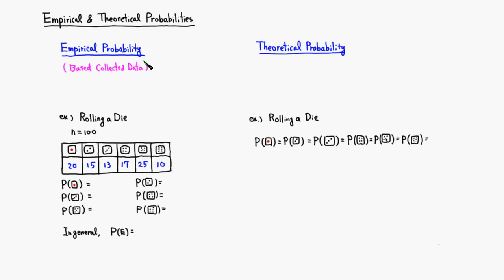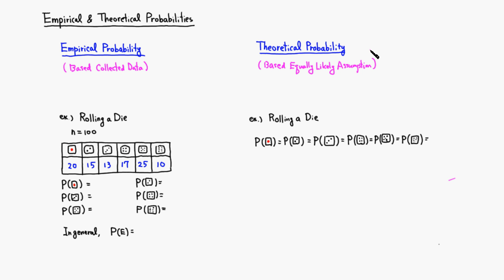And the theoretical probability is based on something called the equally likely assumption. This is the assumption that each outcome in the sample space is equally likely to happen.